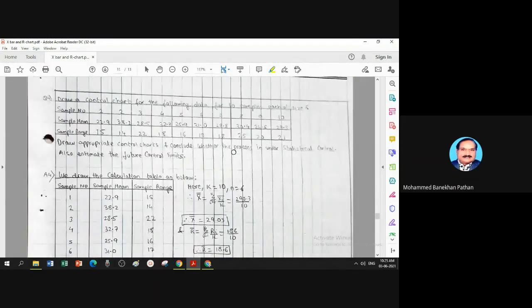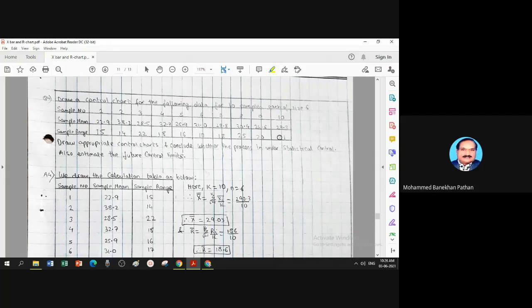Now, question number 4, this is your data. You are drawing 10 samples, each of size 6. So small n is 6, k equal to 10. Here also the calculations of sample mean and sample range are readily available.